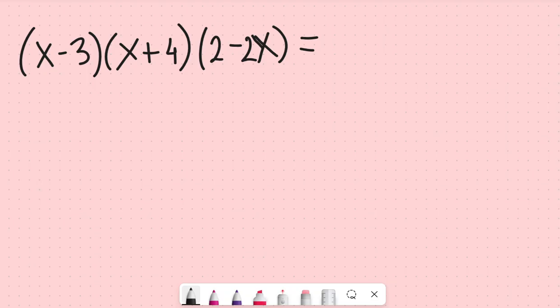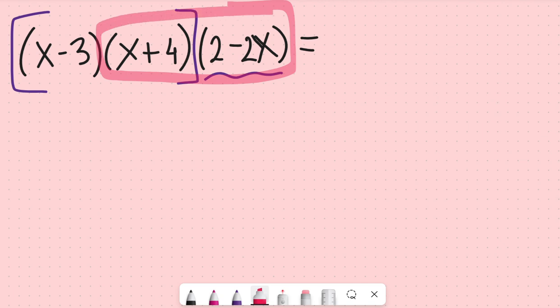We do not multiply all 3 of them at the same time. You choose. You say either you multiply these 2 and then your product will be multiplied by this, or you said I will multiply these 2 first and then the product I multiply by x minus 3. So that is my advice for you.